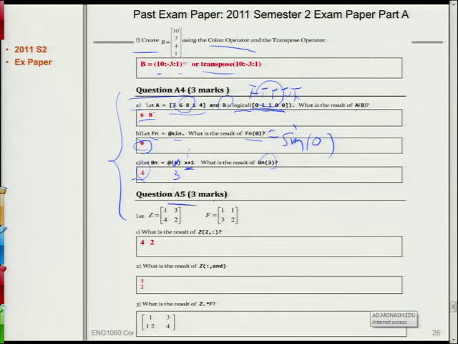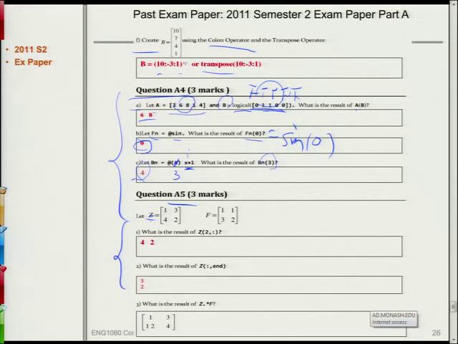And A5, I will only talk about these two. Okay, these two are giving you a matrix Z, and you grab the elements.